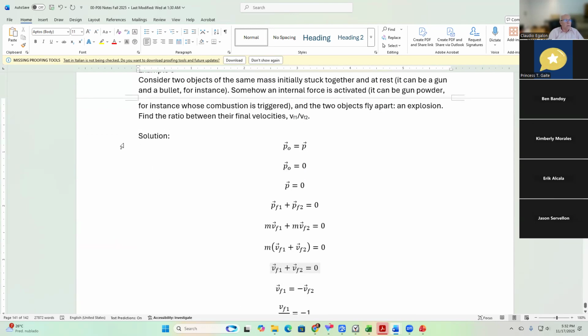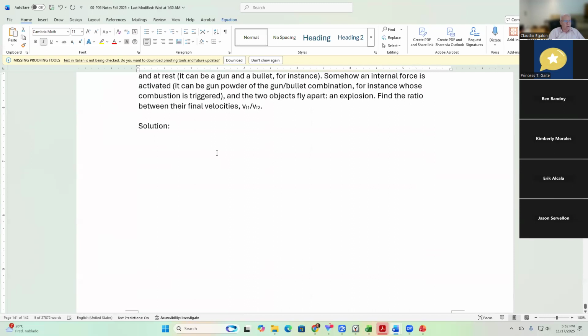Now here we go. It's exactly the same step by step. The only difference now is going to be the masses. P naught equal to P final. P final equal to 0. And here I'm going to add m1 and m2, right?